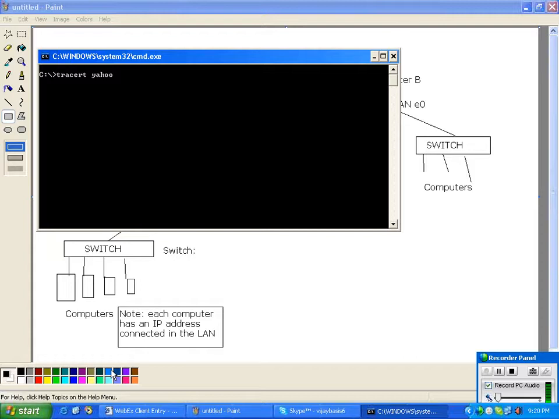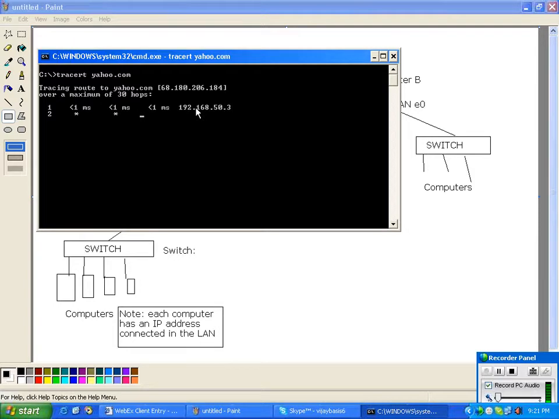Here I can trace yahoo.com. I just want to see how I can reach yahoo.com. First it will go to my gateway. This is my gateway, and after that it will go to another gateway, and finally it reaches yahoo.com.